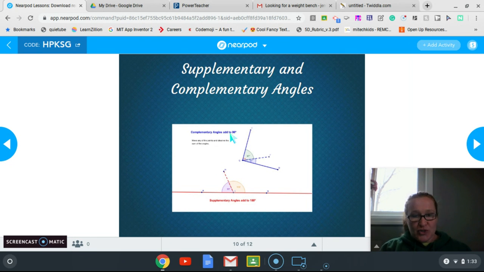Now, complementary is a little bit smaller. Complementary means the 2 angles are going to make a right angle. So we have this angle right here, plus this angle starting here, going to C, and back here. If you add those 2 angles together, you get 90 degrees. So therefore, they're complementary.